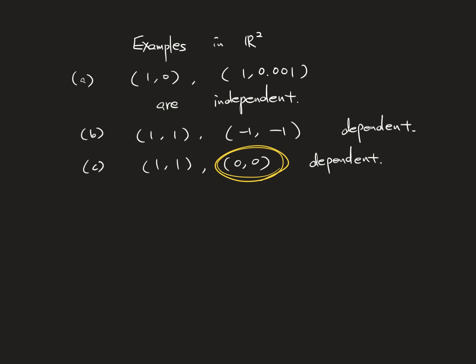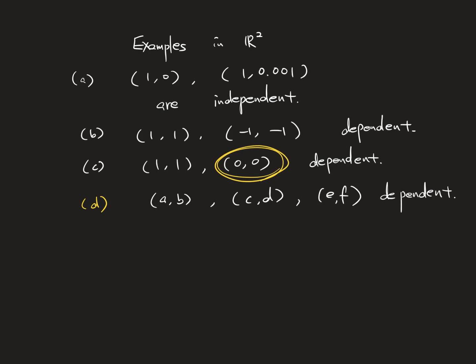So using a non-trivial combination, you can still generate a zero vector, and in that case the vectors are linearly dependent. D: (a, b), (c, d), and (e, f). In this case, we don't have exact numbers, but we're pretty sure these are dependent.